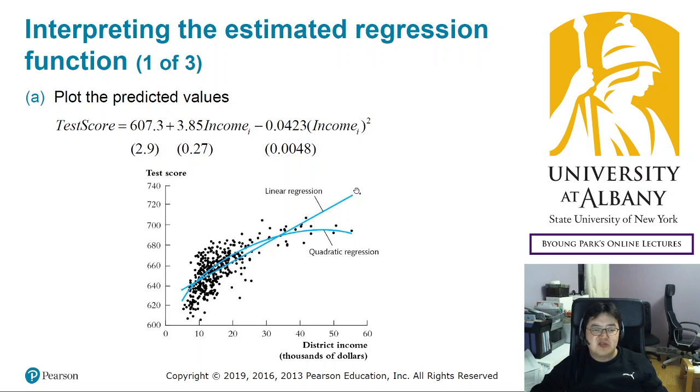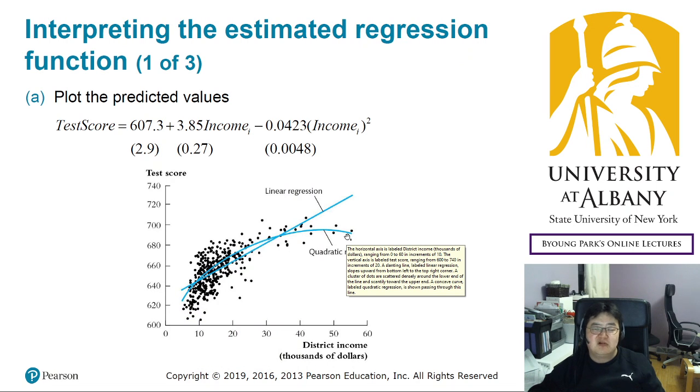Compared with the linear regression, quadratic regression must be better because you are including an additional variable. Remember, including an additional variable always increases the R squared, the explanation power. So in terms of the R squared, quadratic regression will do better.